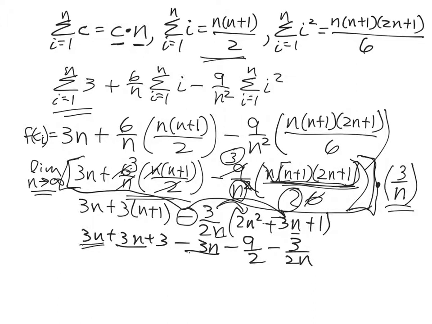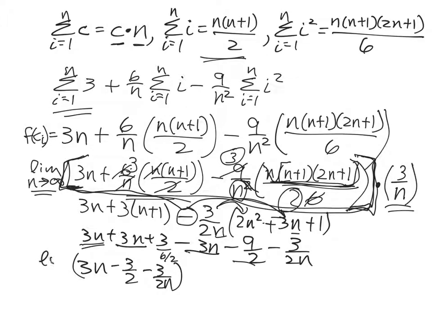Well, that's going to leave us a 3n for that part. 3 minus 9 halves would be, well, 6 halves minus 9 halves. We'll have a minus 3 halves there. And finally, the minus 3 over 2n. Again, all of that has been simplified from this.